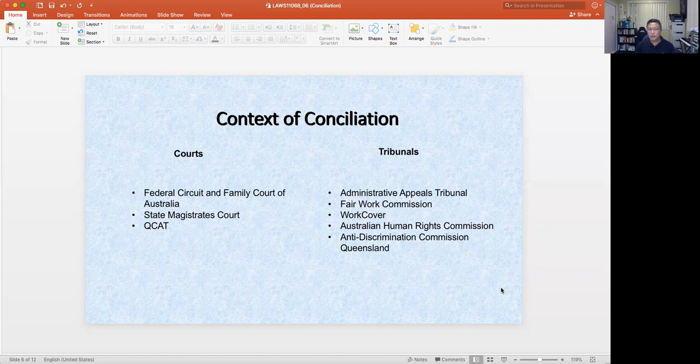So courts in general are not permitted to consider matters which do not involve a judicial matter, or where there is no matter involved. So courts in the federal system cannot be involved in resolving conflicts where there is no matter between parties, based on the Boilermaker's case.